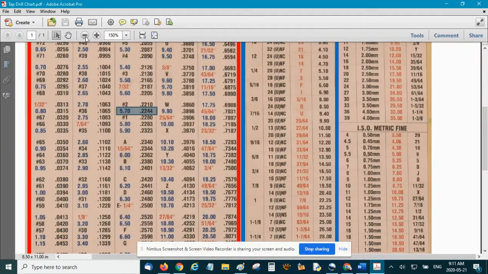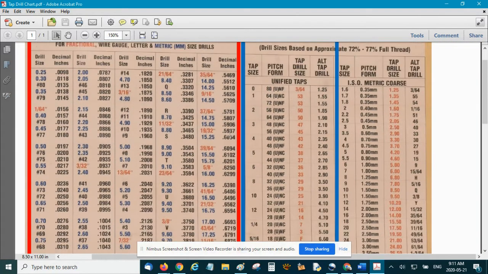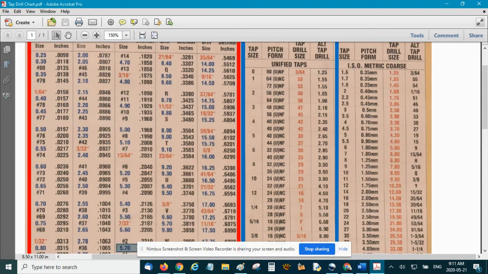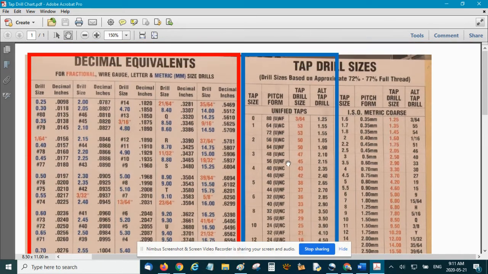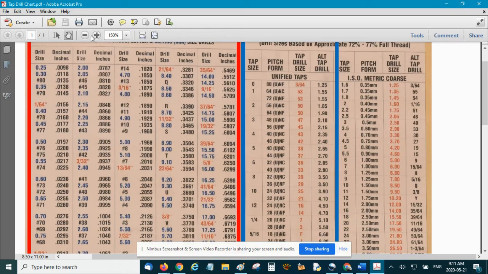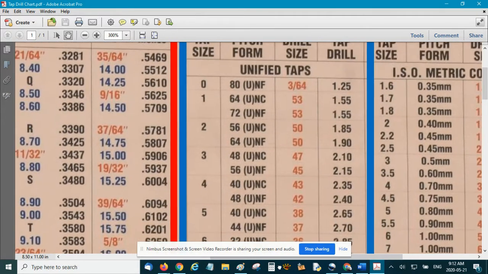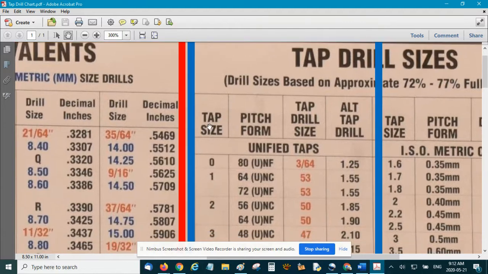So building on that idea, I want to jump to the next part of the chart, and I've outlined it in blue here. I'm going to zoom in even closer. What I want to look at is this part of the chart in blue, and I'm really just going to look at the first two columns for now because it connects to the idea of nuts and bolts and thread sizes.